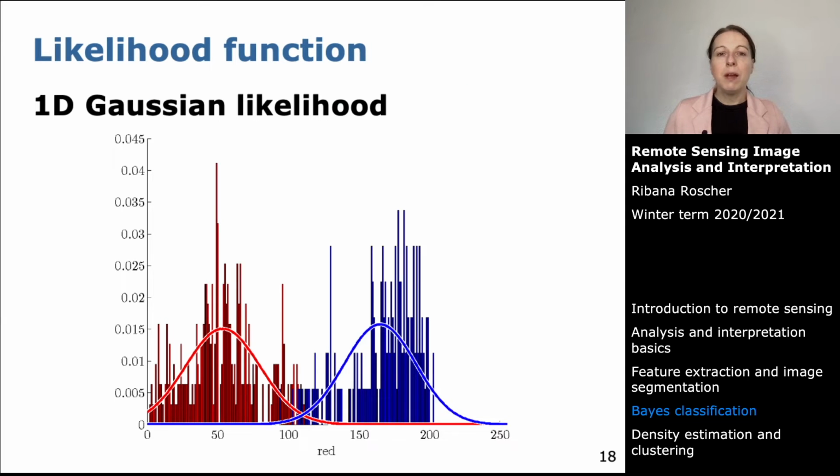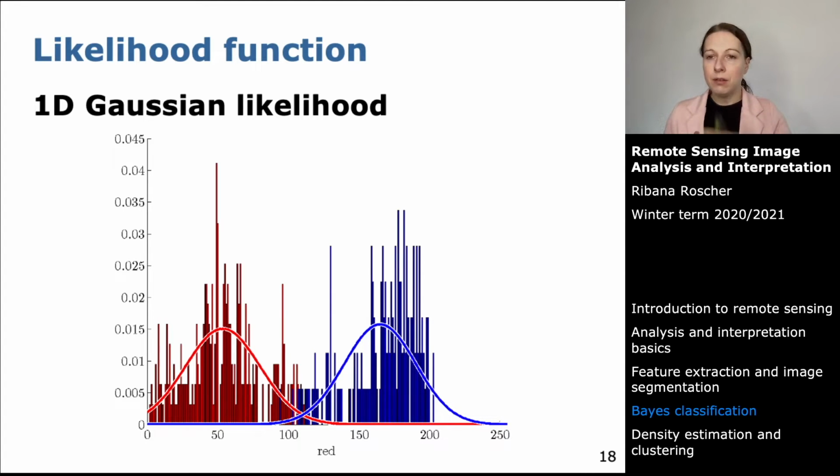And when we have a look at one dimension, for example, the red feature, then the likelihood can be illustrated like this here. So indicated in red and blue are the number of samples per class per red value. And this is nothing else than a histogram. So on the x-axis you have the red values, then you count how often this red value occurs.